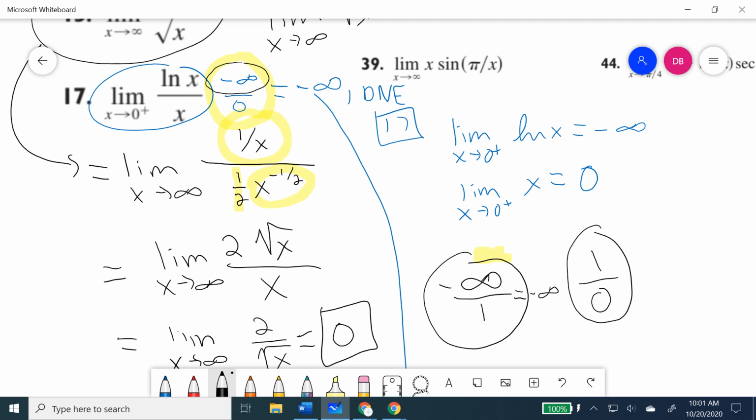If you have 0 in the denominator and a real number that isn't 0 in the numerator, you are heading to infinity, be it positive or negative. So in a way, this is saying infinity times infinity, which is actually determinable.